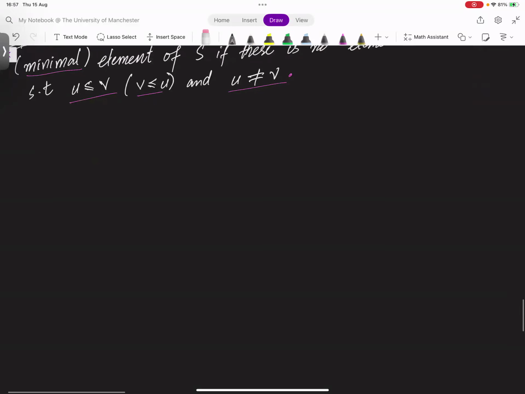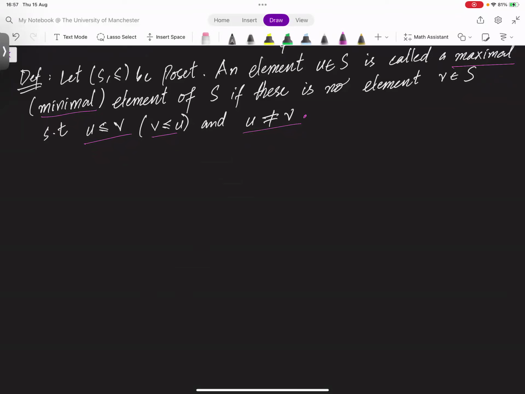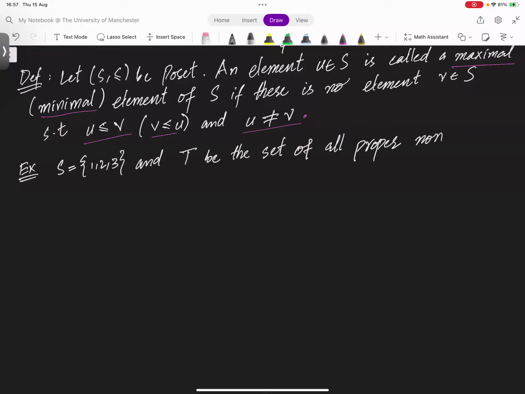Example. Example says we have a set S and T be the set of all proper non-empty subsets of S. Now, T along with this inclusion relation is a poset.